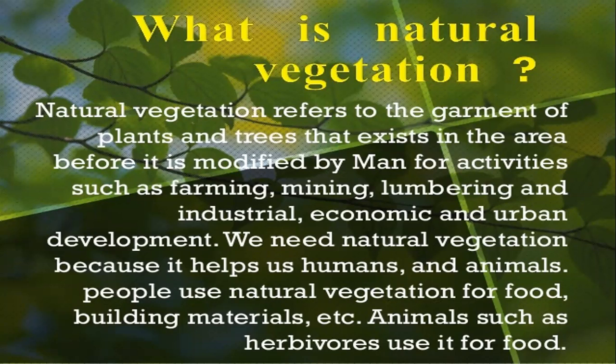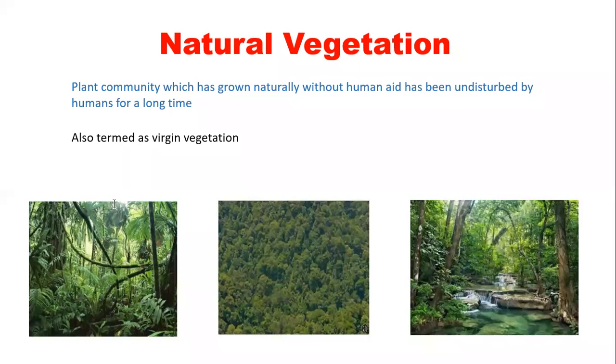We need natural vegetation because it helps us humans and animals. People use natural vegetation for food, building material, etc. Animals such as herbivores use natural vegetation for food. So, this is the difference between vegetation and natural vegetation.